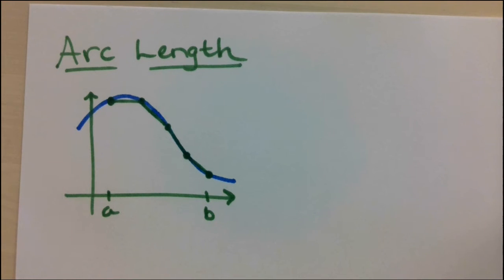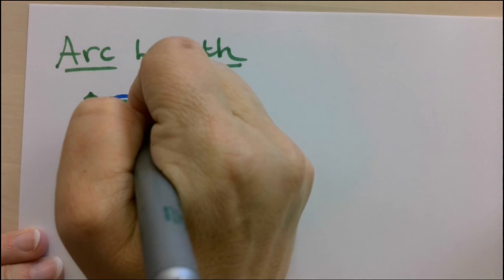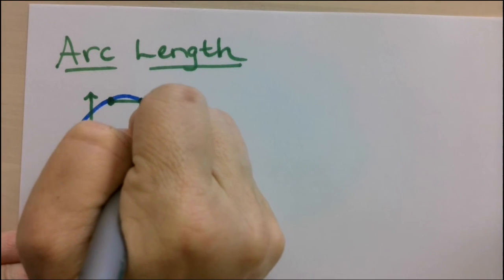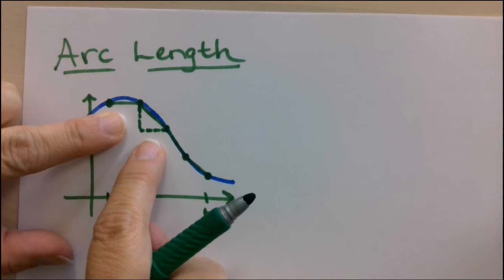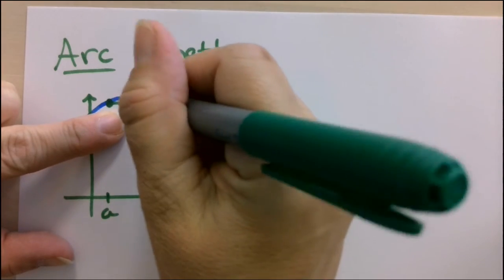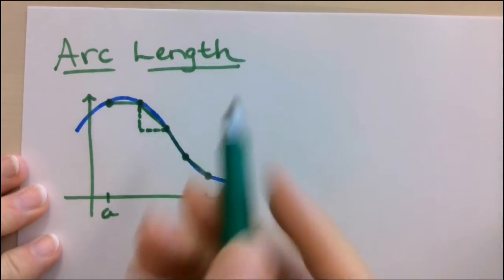So let's just focus in on one of these segments here. I'm going to look right here, and let's talk about how to find the length of it. If you remember your distance formula, it's just based on Pythagorean theorem. So I've drawn in a right triangle here where the segment that we're interested in is the hypotenuse.